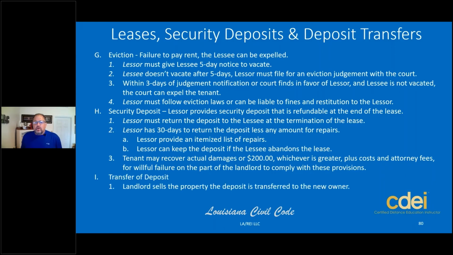Now, the last thing we're going to talk about is the transfer of deposit. So the transfer of deposit is when, let's say you own a property. You're an investor, you own the property, and you're getting ready to sell the house, and you got a tenant in the property. It's leased. They got a lease on it.